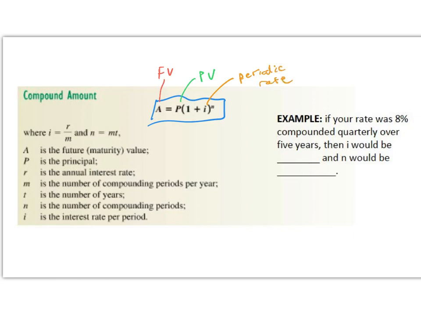This is that 1% that we had in the previous example. That's that 1% per quarter. So what you do is you take your rate, which is usually quoted as an annual rate, and then you have to divide it by the number of times that you compound per year.